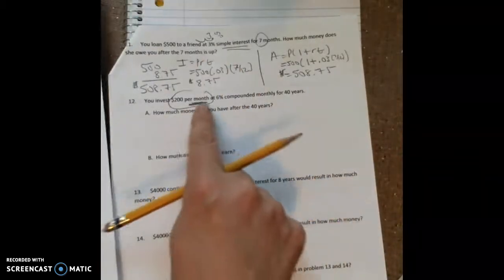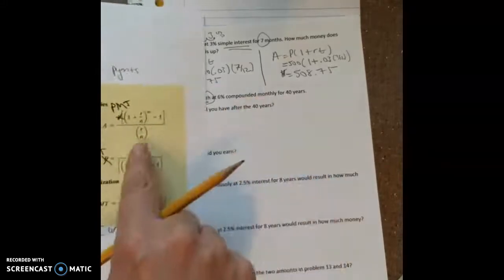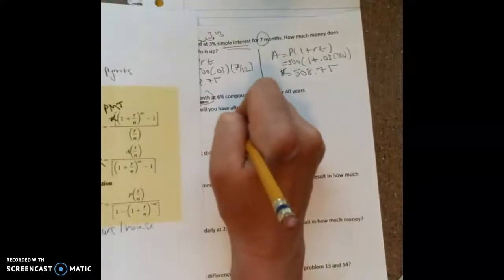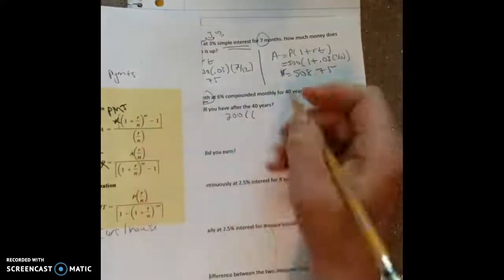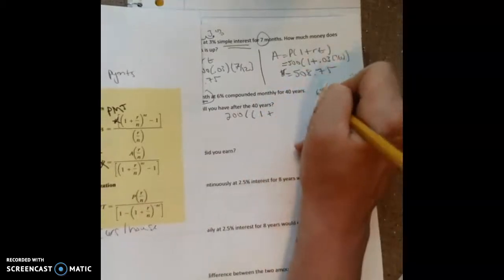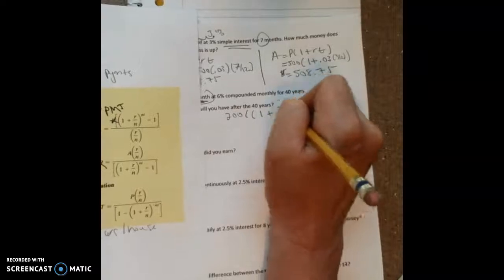All right, so $200 a month, 6% compounded monthly for 40 years. I'm going to write this formula down. We have a payment of $200. Then double parentheses: 1 plus my rate, again moving the decimal 2 jumps, so 6% is 0.06.